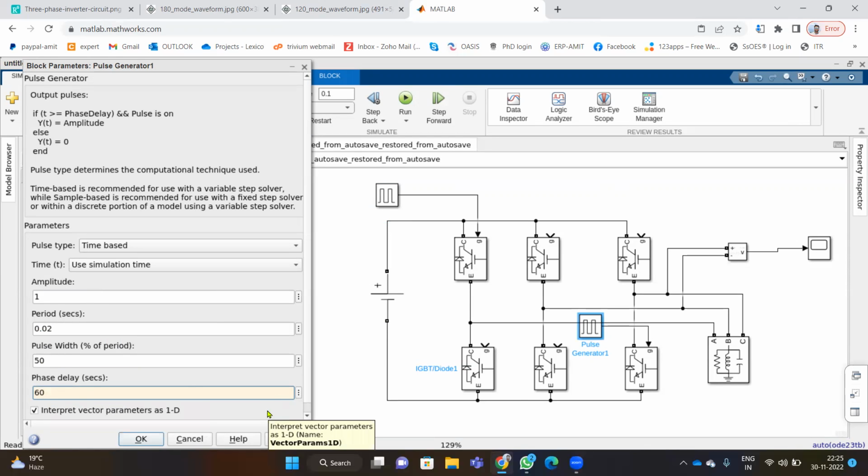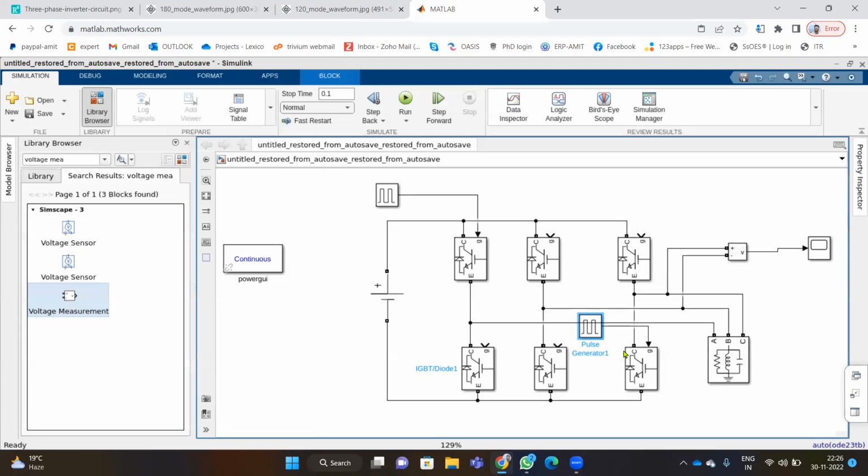So 60 multiplied by 0.02 divided by 360. This will give you a simplified formula. So you can just put this number now. For 60 degrees, you can take 60. For 120, we will take 120, and accordingly, we will just convert the number. So this 0.02 upon 360 gives the time in seconds per degree, and then we multiply by the degrees.